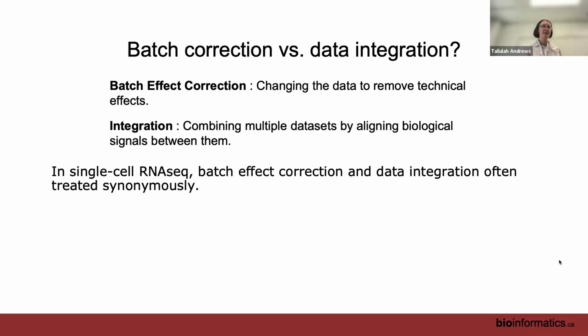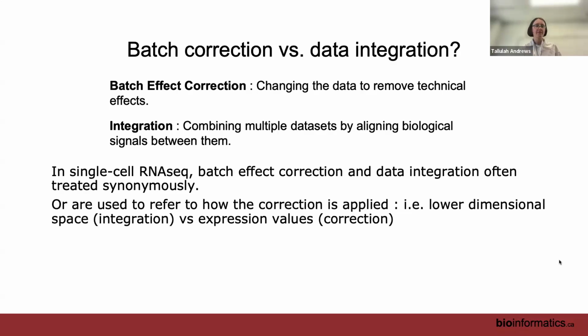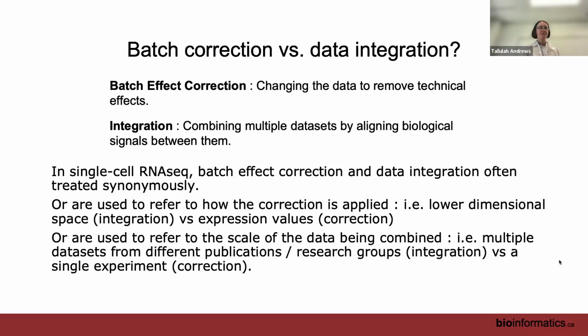In single-cell RNA-seq, batch effect correction and data integration are treated synonymously, which is very annoying. Or they're used to refer to how the correction is applied. So whether it's applied to the lower dimensional space or the expression values. Or they can be used to refer to the different scale at which the data is being combined.